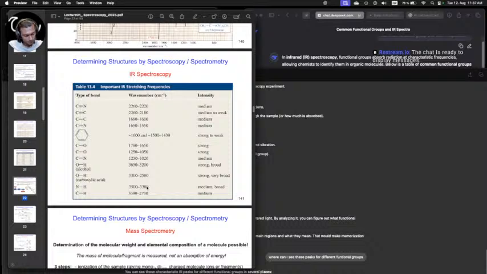CN. Medium. That's alcohol. For alcohol, it's 3,650 to 2,500.